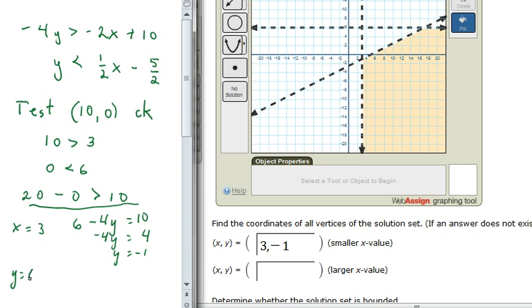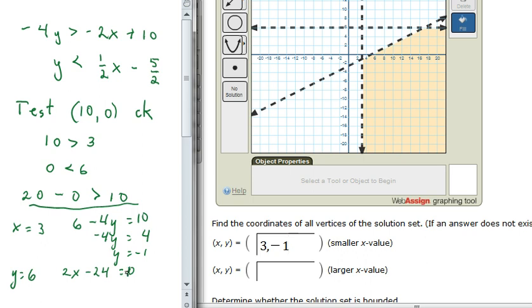And again, 2x minus 4y equals 10. So 2x minus 24 equals 10. And that's going to give us 2x equals 34.